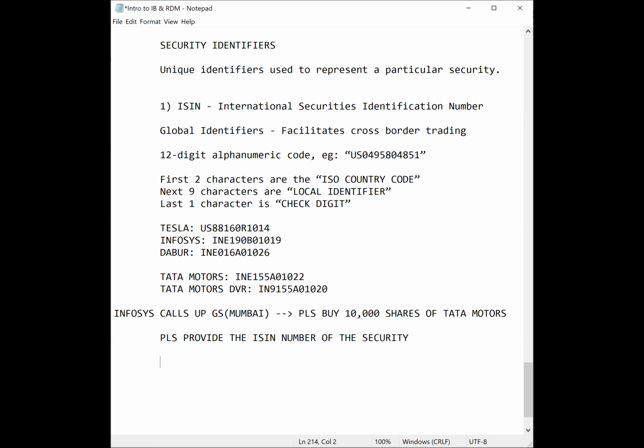Now, guys, Sir, who is the security identification number issuer in US, sir? Sorry, what is your question? Who issued the security identification number in US? Okay.